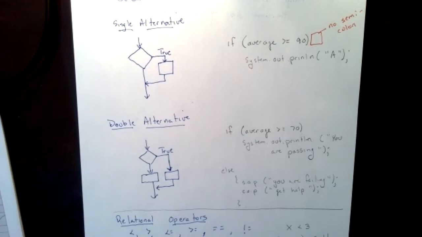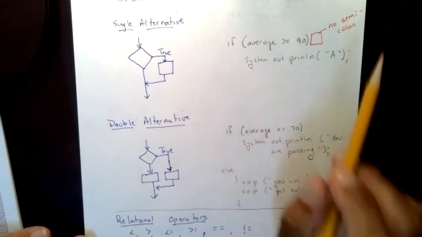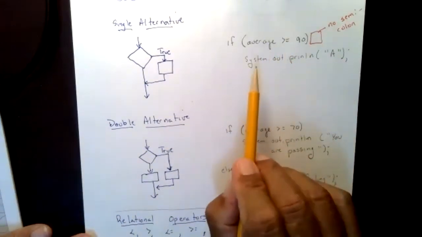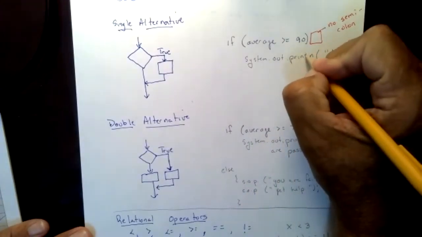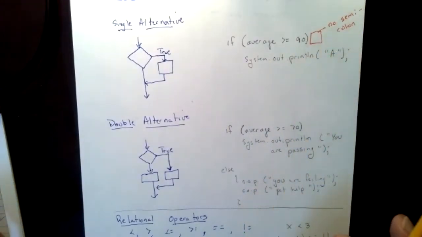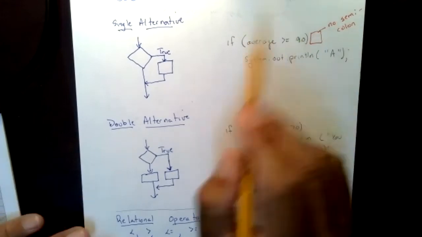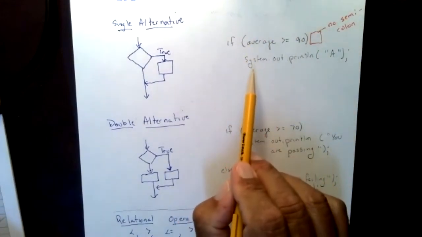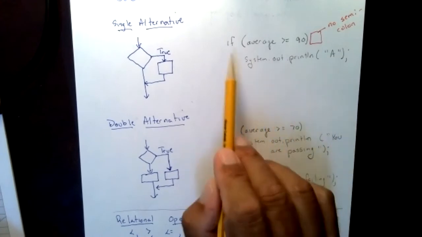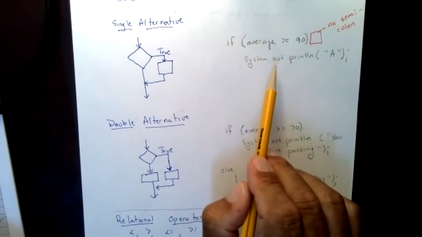That's going to result in a Boolean, a true or false. And if it's true, I do the next line, which says System.out.println, typo, println A. You notice that if it's false, I would be skipping that line, System.out.println. But if it's true, I do the next line.